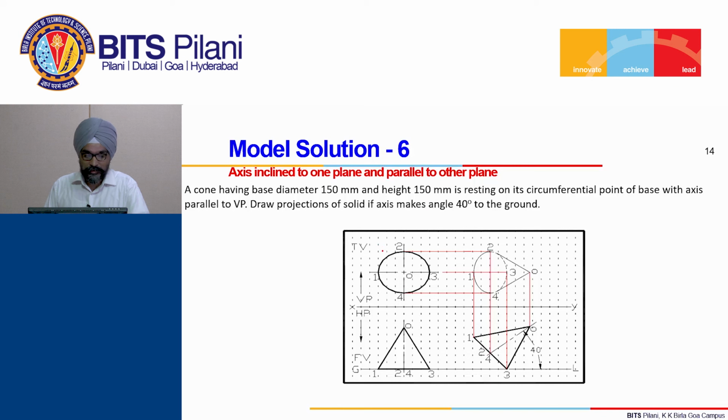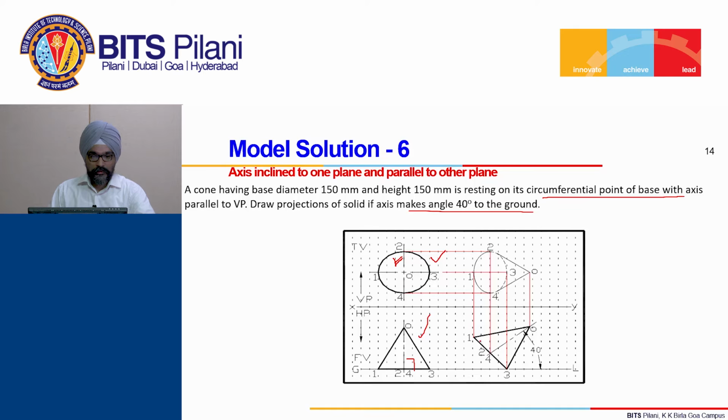Okay, so this one is the last problem. Here the cone is making an angle of 40 degree to the ground. It is resting on the circumferential point, and the axis is making 40 degree to the ground. That is a very simple case. We initially draw the initial position here, so that the axis is perpendicular to the ground and the true shape is there in the top view.